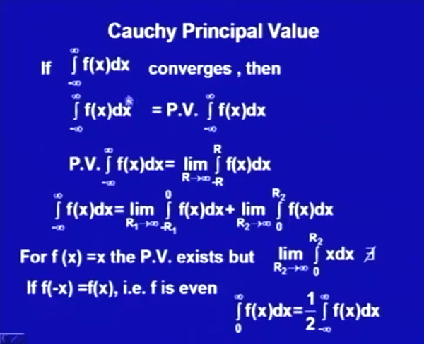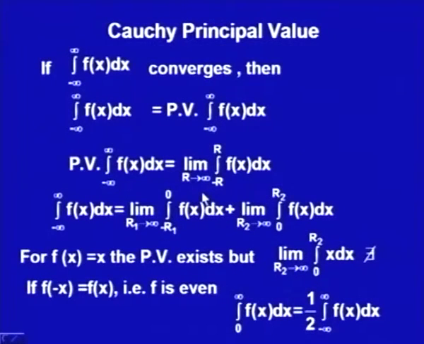So, now what we have got: the one result we have got, when we define the improper integral on the whole real line from minus infinity to plus infinity, is that if the integral of a function is convergent, it would be equal to the Cauchy principal value, where the Cauchy principal value is defined in this manner. But the existence of the Cauchy principal value does not guarantee the convergence of this improper integral.